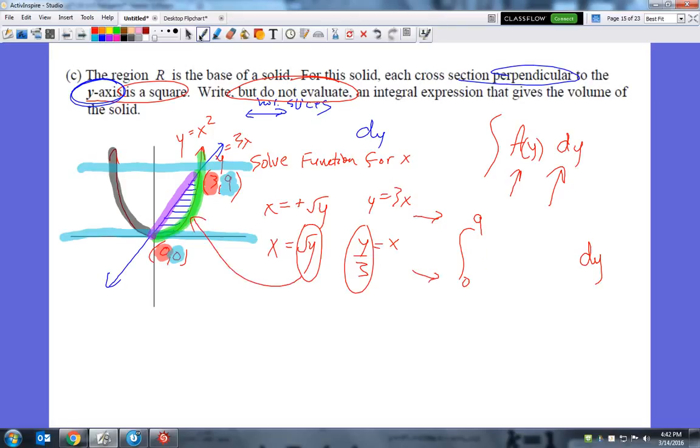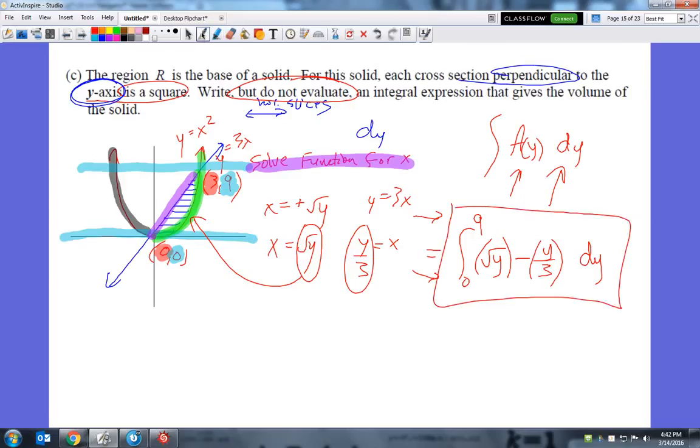Not x squared, because I have to write it in terms of y. Okay? Minus the bottom function. The bottom function would be y over 3. So top minus the bottom, I wrote them both in terms of y, again by solving for x, and we did that before. And it's in respect to y, from 0 to 9, and if you find a mistake, by all means let me know. If this looks pretty good, that looks like my answer.